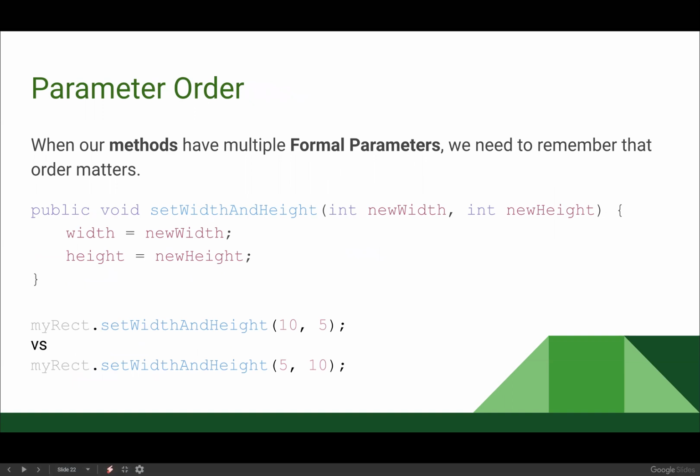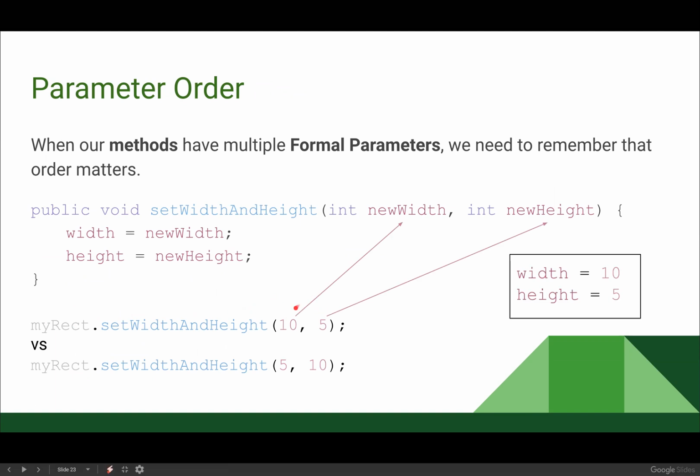Our last little topic. When our methods have multiple formal parameters, just remember that the order does matter. So if I call my rect.setWidthAndHeight(10, 5), 10 is going to get passed to newWidth, 5 is going to get passed to newHeight, and therefore my width is going to equal 10, my height is going to equal 5.